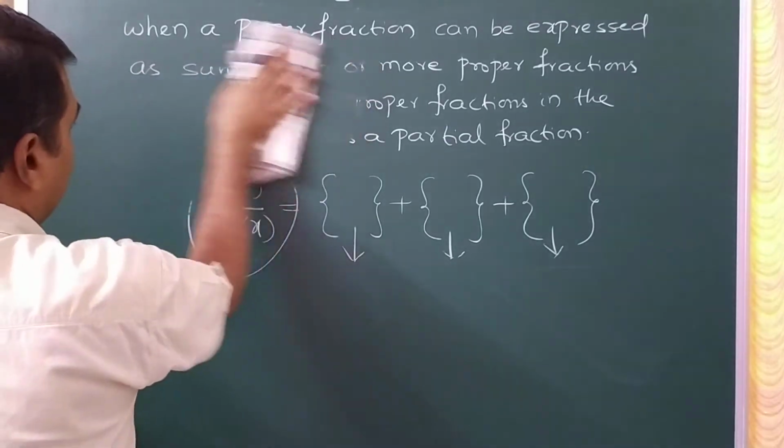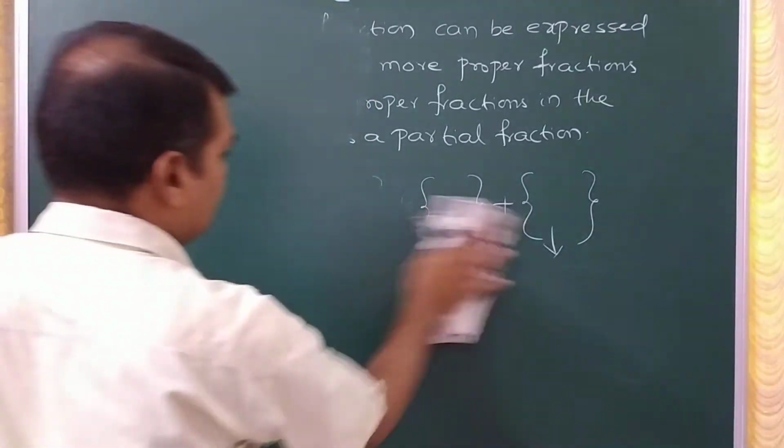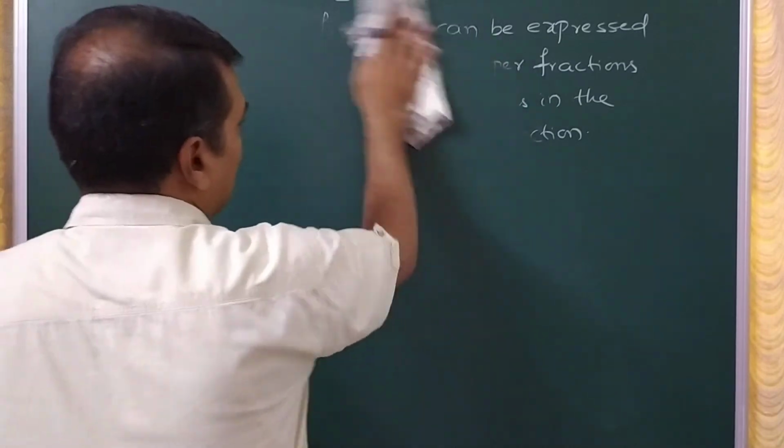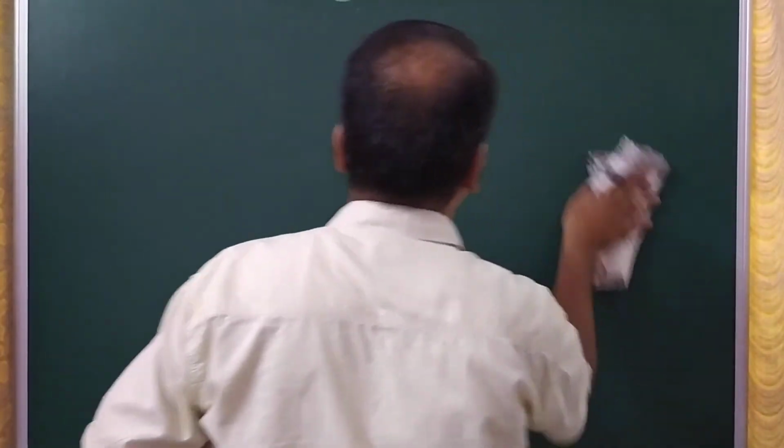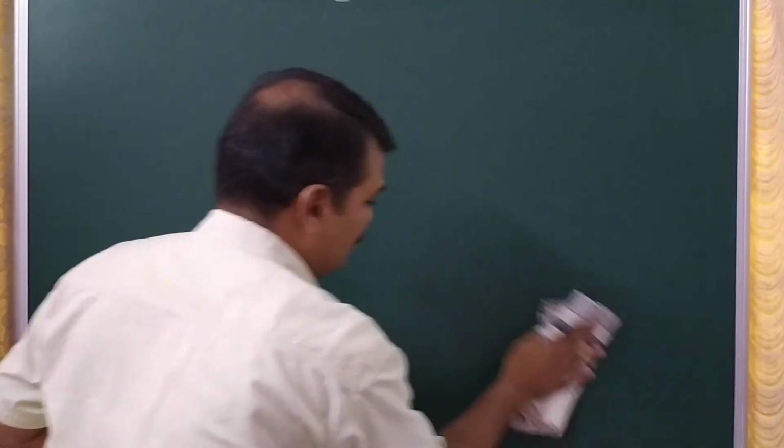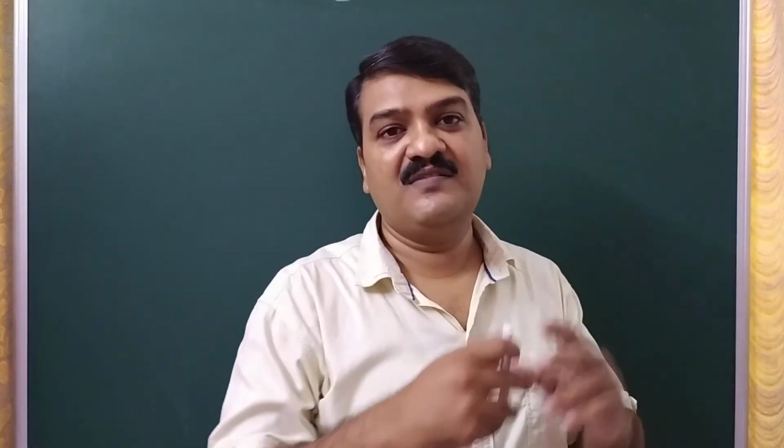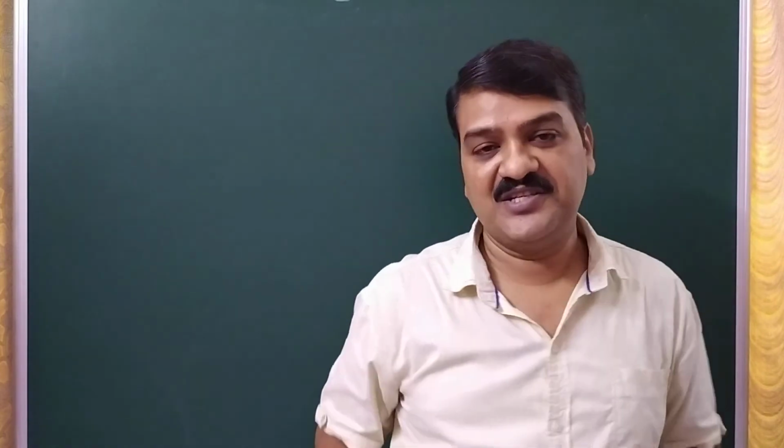Okay. So next, now what we will do is discuss how to resolve into partial fractions. So first, whenever a question is given to you, a polynomial fraction will be given. Whenever a polynomial fraction is given to you, you have to see whether it is a proper fraction or an improper fraction.